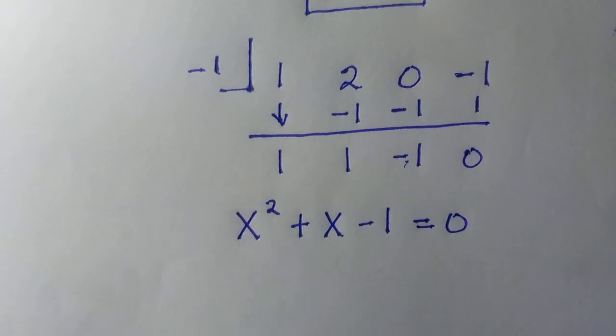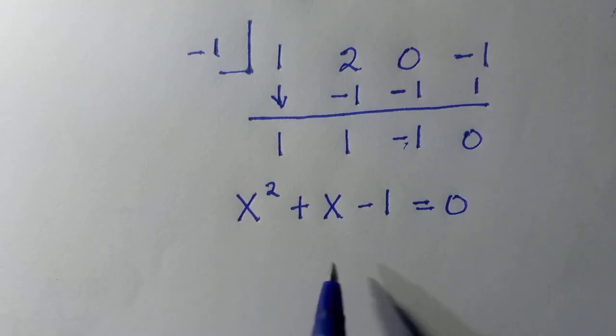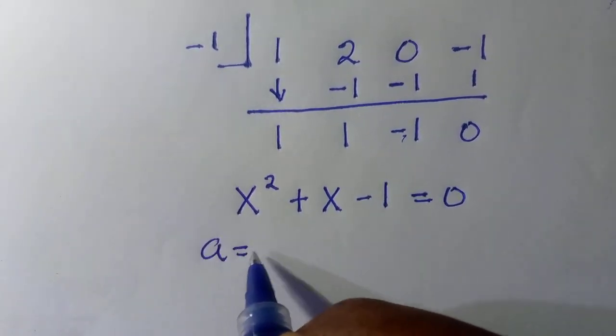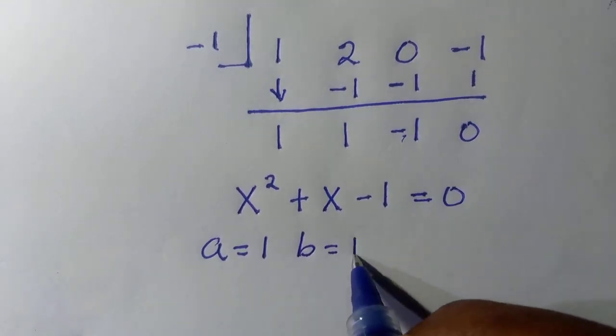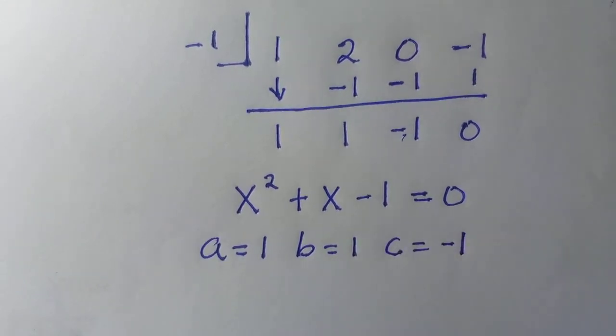So we get another quadratic equation for this. To solve this kind of expression, we are going to apply the quadratic formula, as we know that a here is 1, which is the coefficient of x², b is also 1, the coefficient of x, and c is −1.